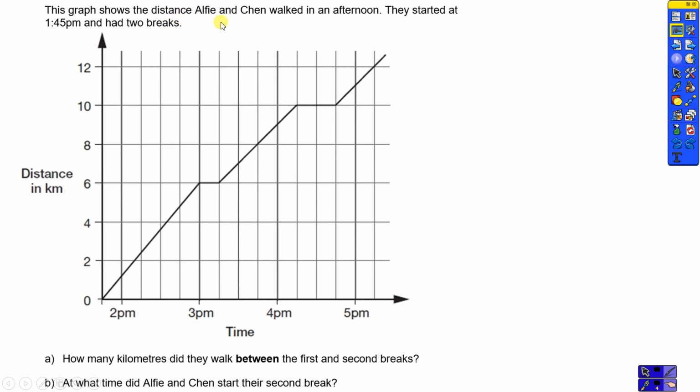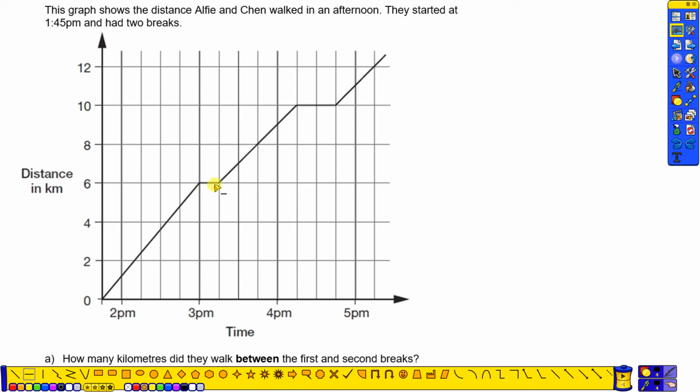This graph shows the distance Alfie and Chen walked in an afternoon. They started at 1:45 and had 2 breaks. How many kilometres did they walk between the first and second breaks? Now the breaks are going to be the times when they didn't travel any further distance. So they're going to be these 2 horizontal lines.